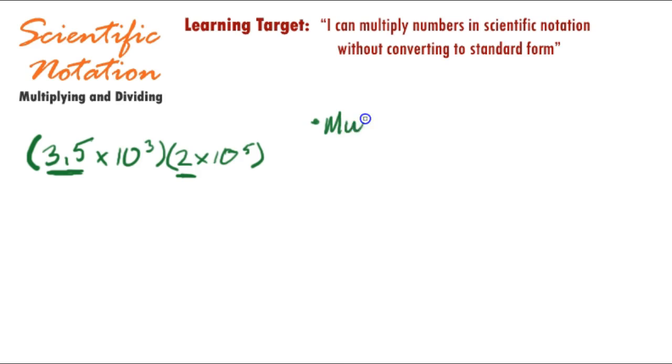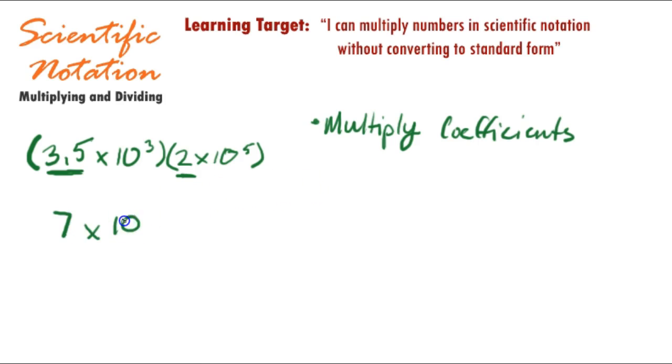You're going to multiply coefficients. And what you get is 7. 3.5 times 2 is 7. And then you just do your times 10 to the, because every number written in scientific notation is like that. And then you add your exponents.